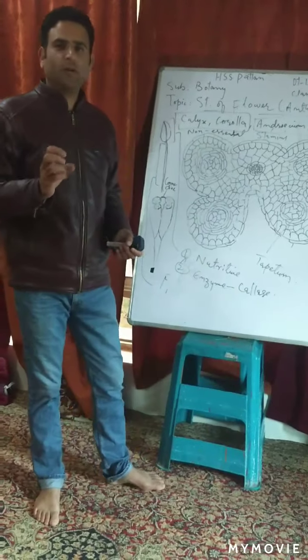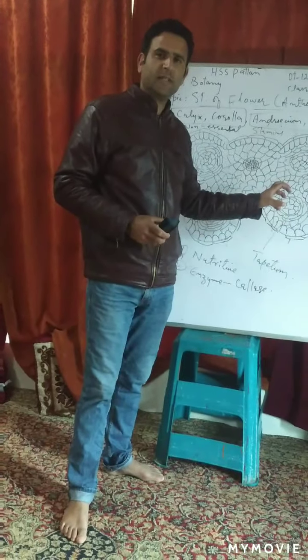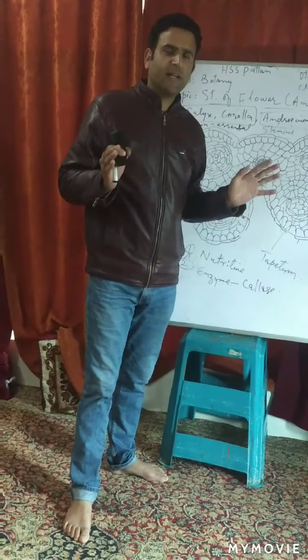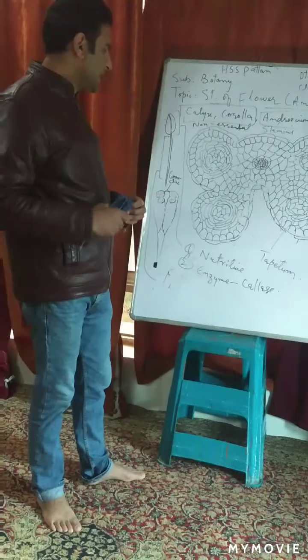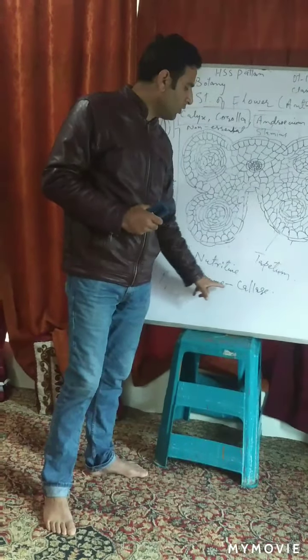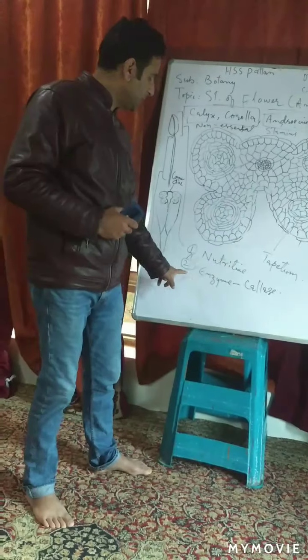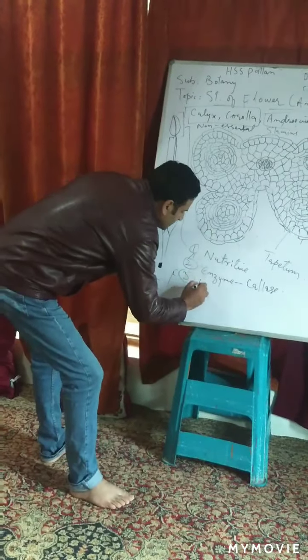In the development of microspores in sporogenous tissue, first they are in the form of tetrads, and the tetrads are held together by callose. That callose wall is dissolved by the callase enzyme produced by tapetal cells. It also produces Ubisch bodies.